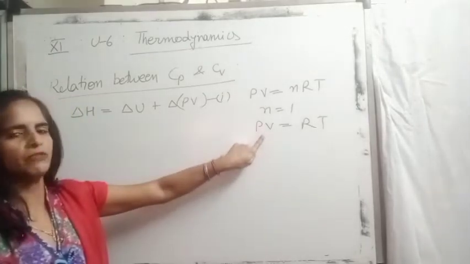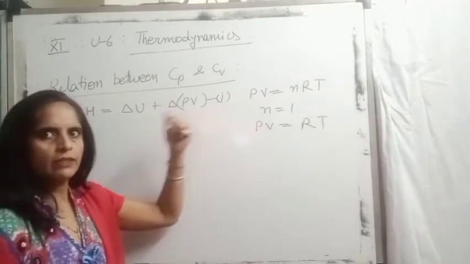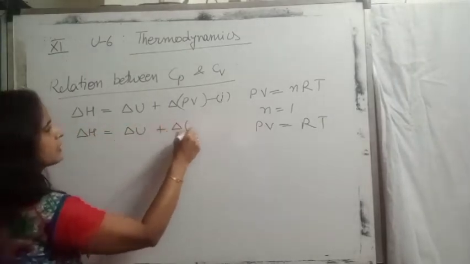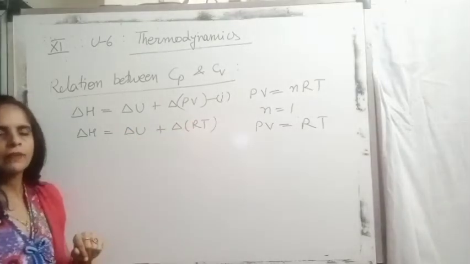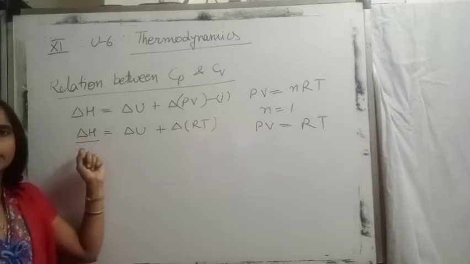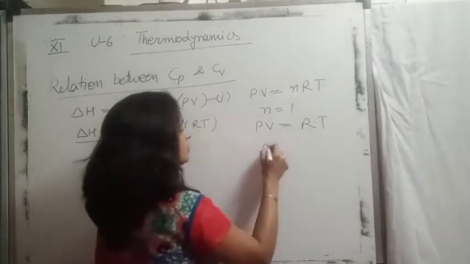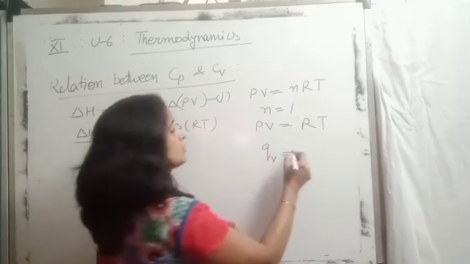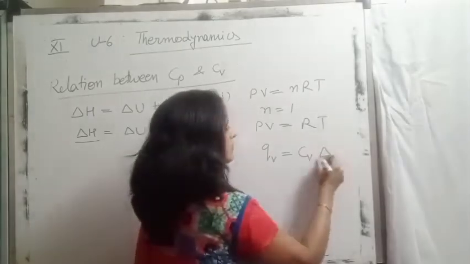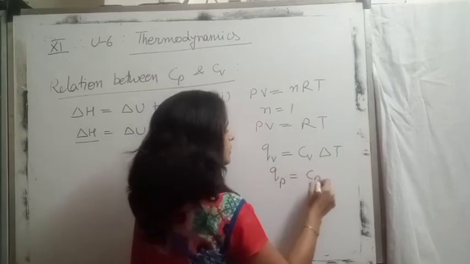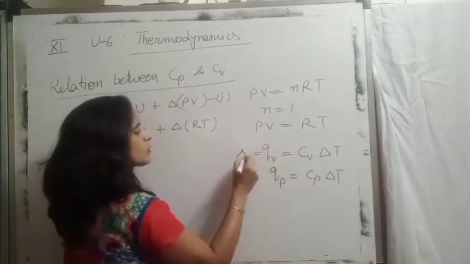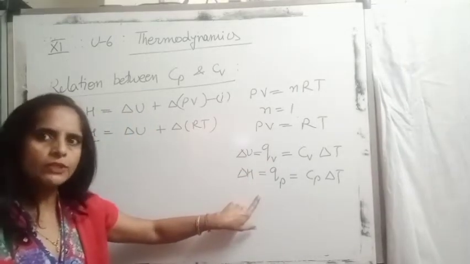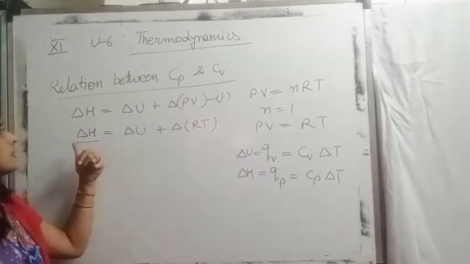Substituting the value of PV into equation 1, we may write delta H equals delta U plus R delta T. Delta H is heat at constant pressure, and just now we derived the formulas Qv equals Cv delta T and Qp equals Cp delta T, where Qv is delta U and Qp is delta H. So from these, substitute the values of delta U and delta H in equation 1.